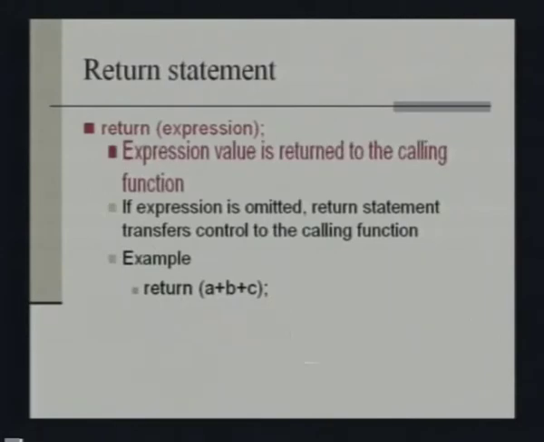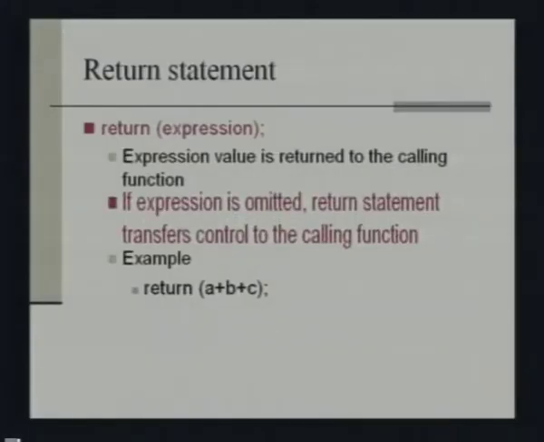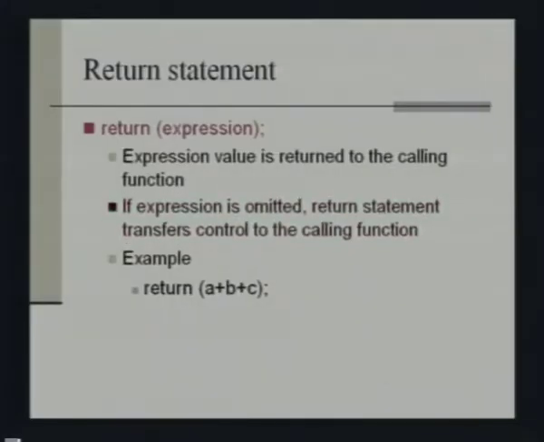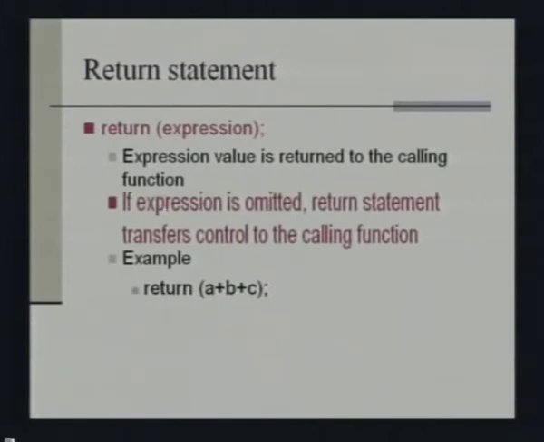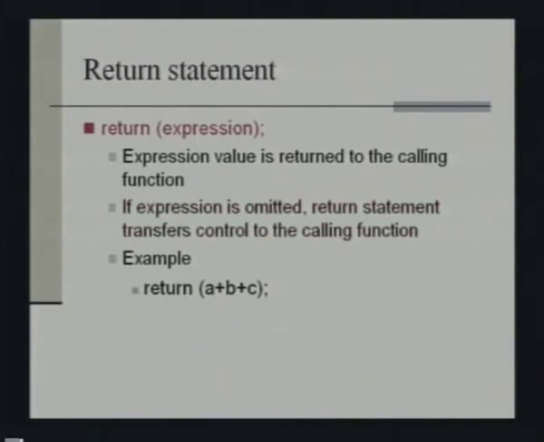The value which is obtained as a result of evaluating that expression is returned to the calling function. If this expression within parentheses is omitted, the return statement does not return any value, it simply transfers control to the main function or the function which called it.